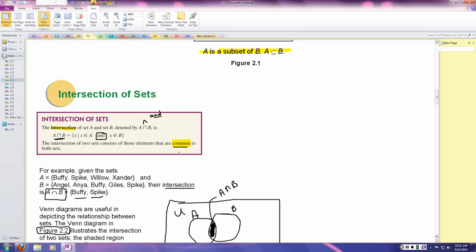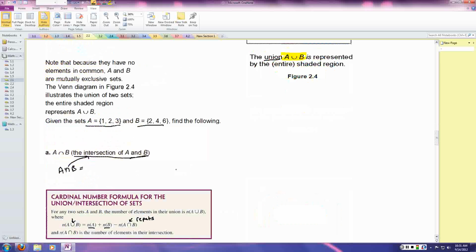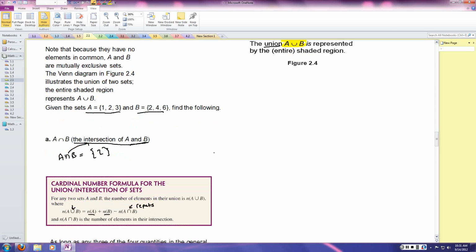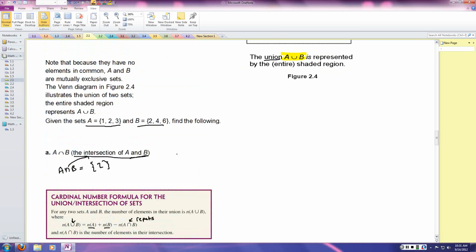So if you need to write this down on a note card, you have a note card on the exam, so that would be something you want to keep straight. So the elements they have in common, and they have a 2 in common. So you write this bracket notation, and WebAssign gives you the bracket notation, so you would just put in a 2. So the elements they have in common is a 2. If I wanted to go ahead and see if it comes up later on and look at the union, if I say A union B, that's going to be the elements that are in both.